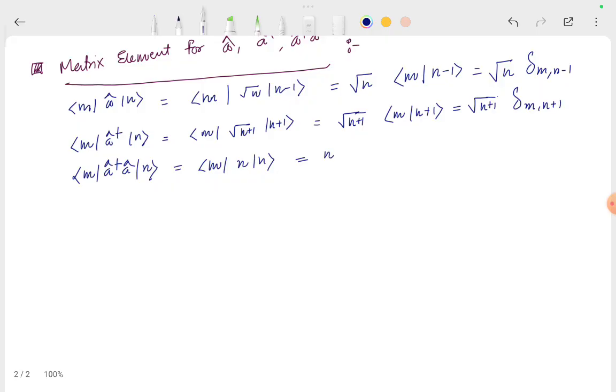So this equals n <m|n>, which equals n times delta mn. So these three are the matrix elements for the lowering operator, raising operator, and number operator.